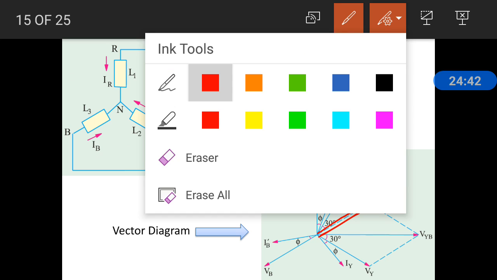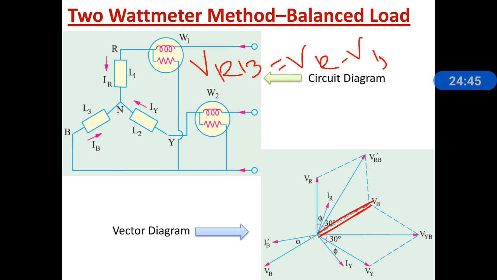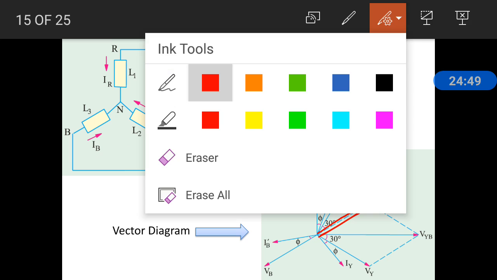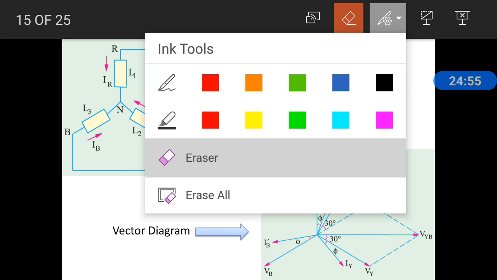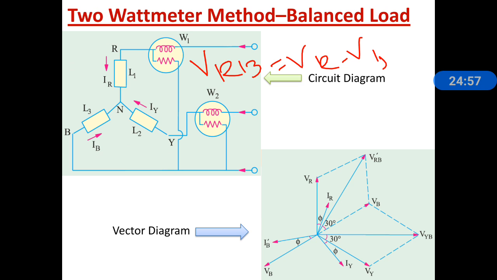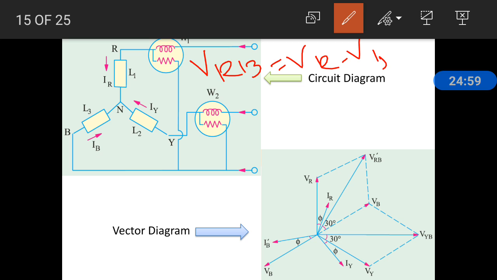So we get the vector diagram here, using the parallelogram method with VR and minus VB. VR is extended here and minus VB is extended here. So we got VRB here.